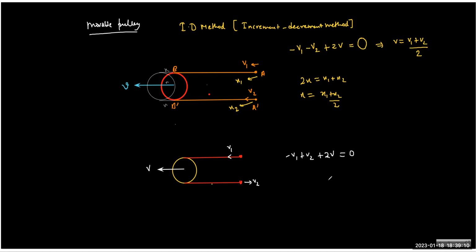So you have to break it, see, break, see, break, see, and then add or subtract all such events, and you will get the answer. So here the answer is v turns out to be v1 minus v2 by 2, right? Yes, sir.